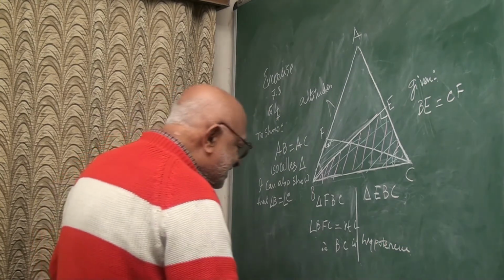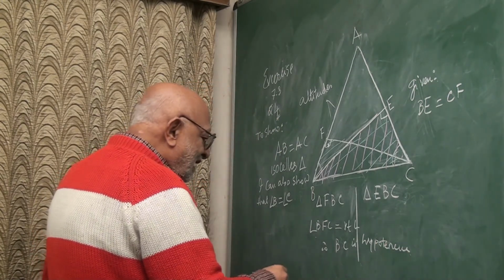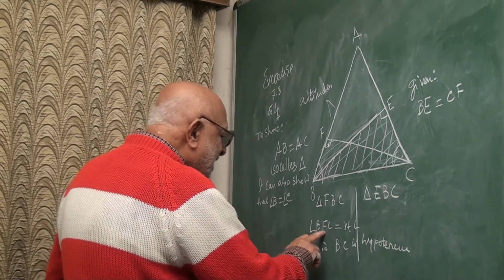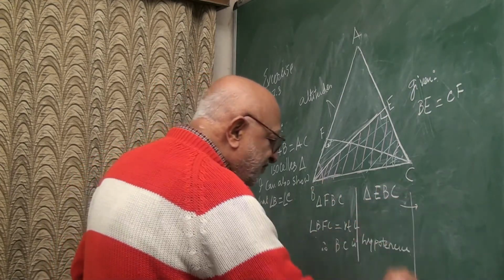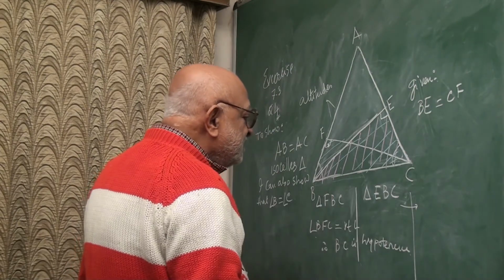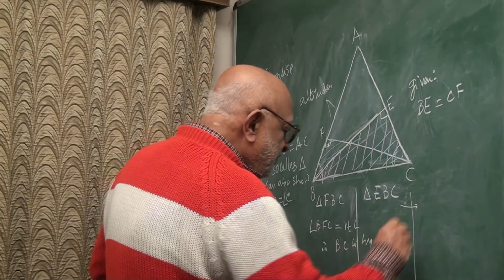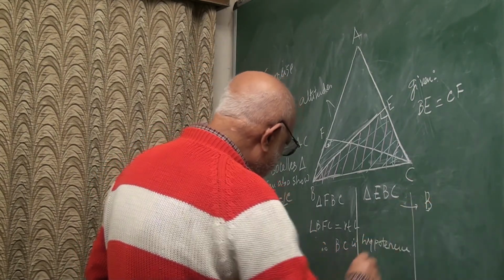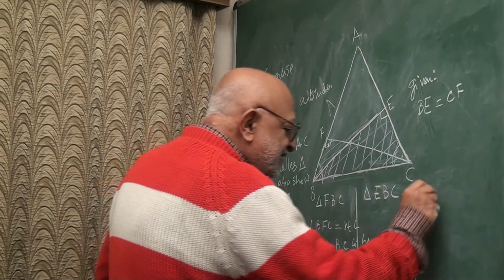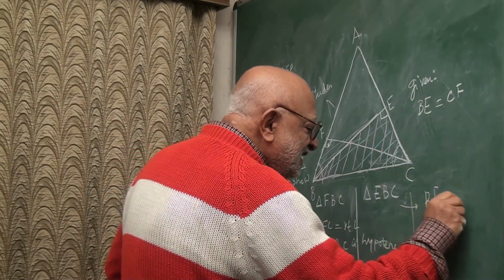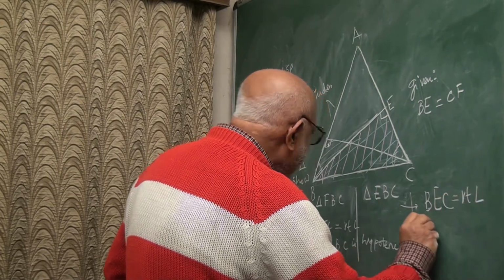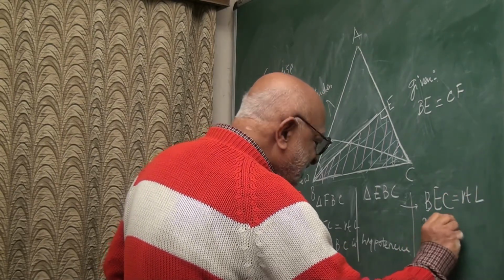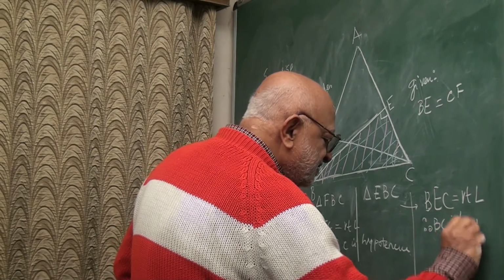Okay, in BFC. On this side, if you see, BEC is a right angle. Therefore, again BC is hypotenuse.